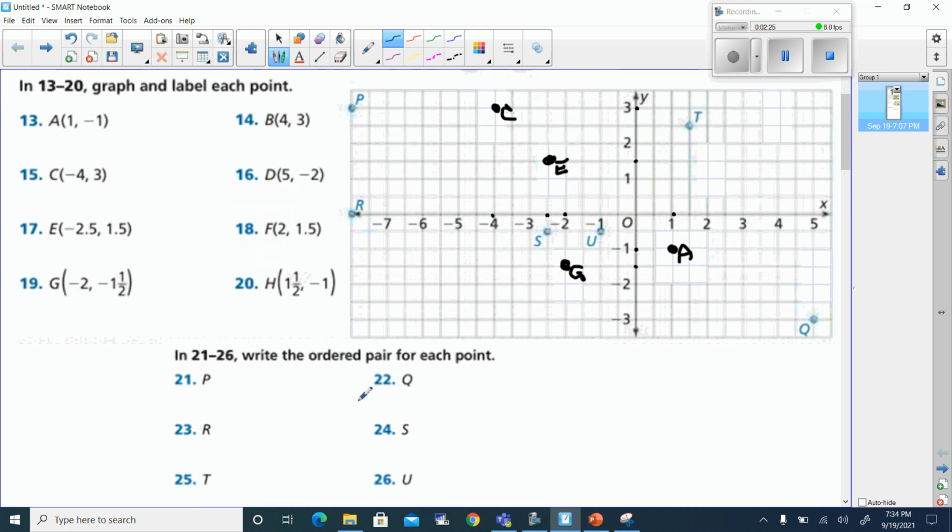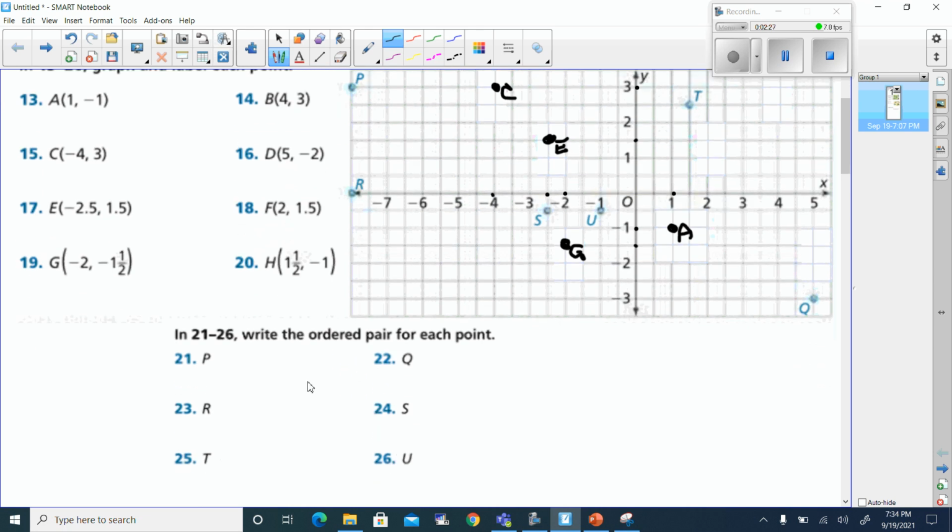Let's see, number 21 to 26. It says, write the ordered pair for each point. Okay, this time they're asking me to look at the ones that are there and tell me the coordinates. All right, the ordered pair for P, remember I'm doing all the odd ones here. P is at, let's see, this is -7, so this would be -7.5, this would be -8.